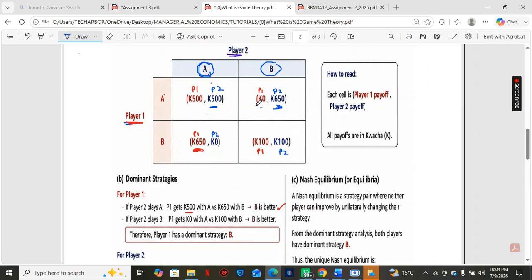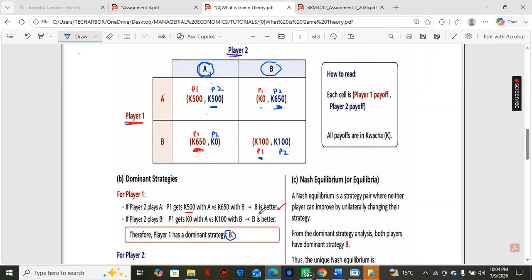If he chooses strategy A, he's going to get a 0. So the best is to choose strategy B, at least he's going to get a 100. So player 1's dominant strategy is strategy B, because have you seen? No matter what player 2 has chosen, A or B, player 1 is going to just choose B because B is giving the better results.